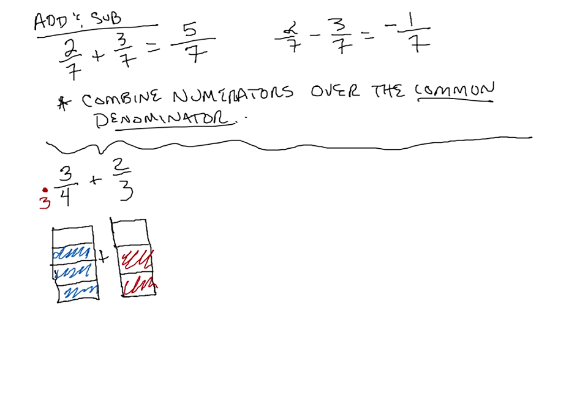So we multiply by the clever form of 1, 3 over 3, because that's just 1. I'm not changing the fraction 3/4. I'm just making it look different. Same thing with the 2/3. I want to multiply by the clever form of 1, 4 over 4.